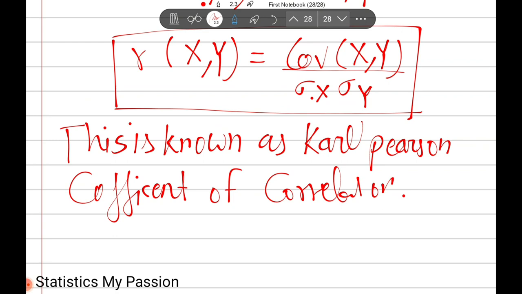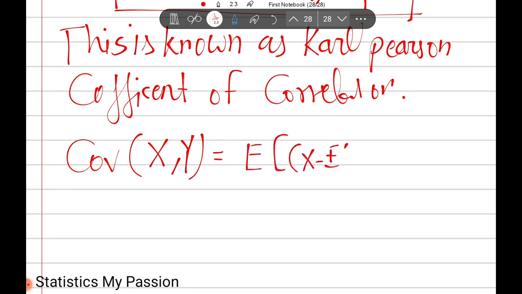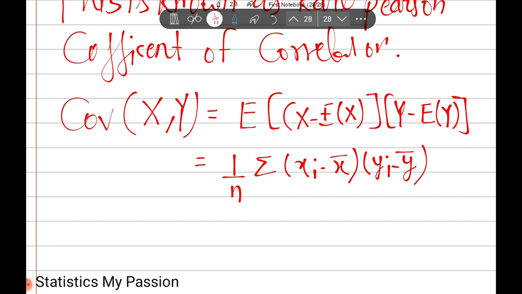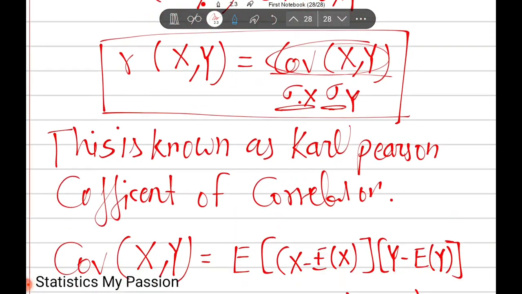Where covariance of x and y is equal to E of (x minus E of x) times (y minus E of y), and we simply abbreviate it as sigma (xi minus x bar)(yi minus y bar), and sigma x and sigma y are the standard deviations of x and y.